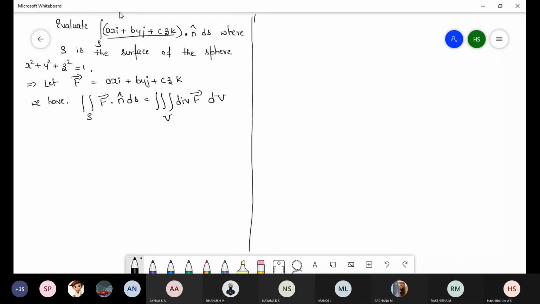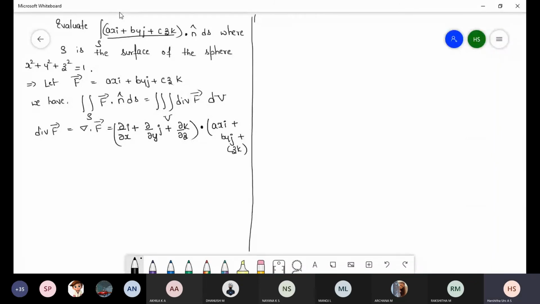Now here we have to find the divergence of vector f, that is del dot vector f is equal to dou by dou x into i plus dou by dou y j plus dou by dou z k dot aXi plus bYj plus cZk.